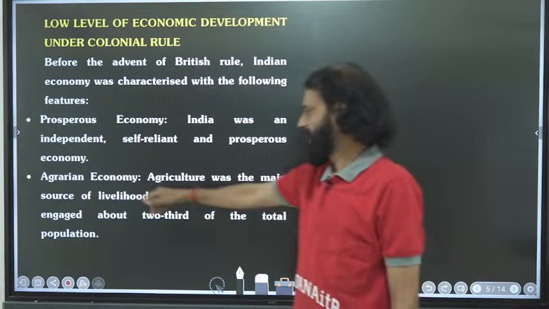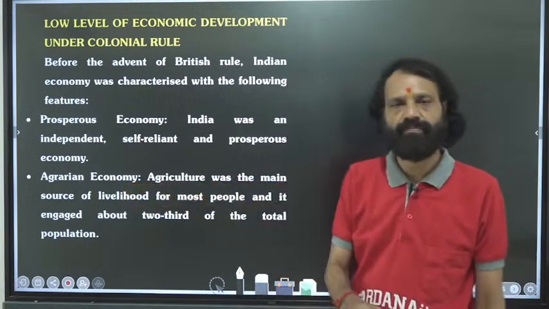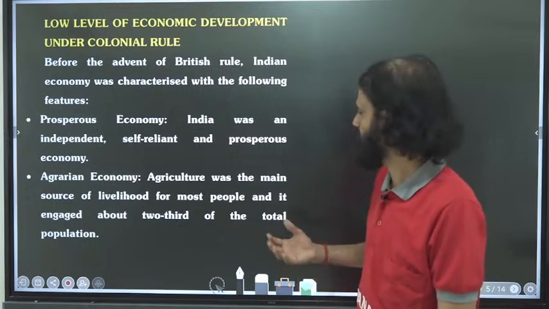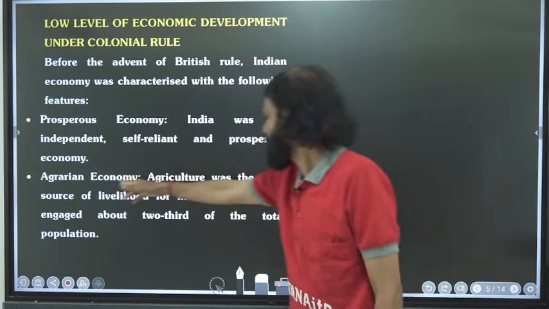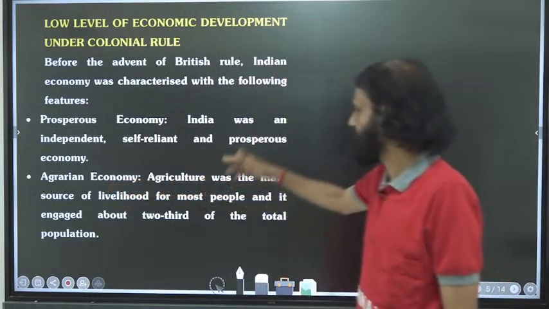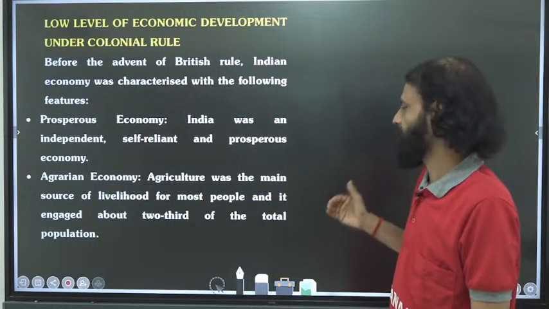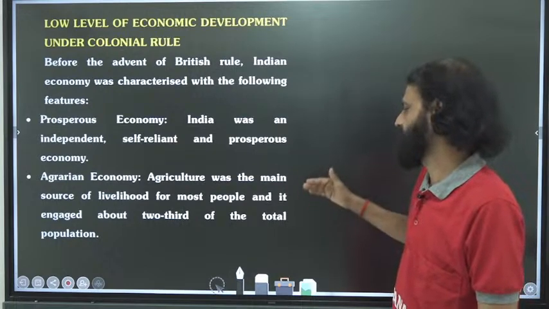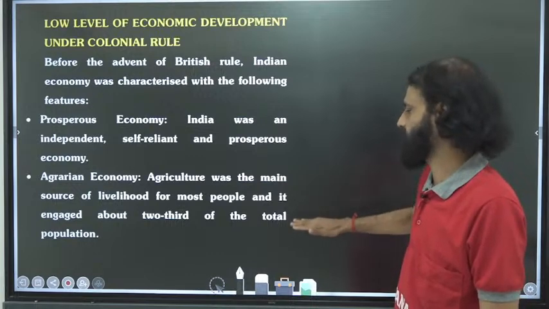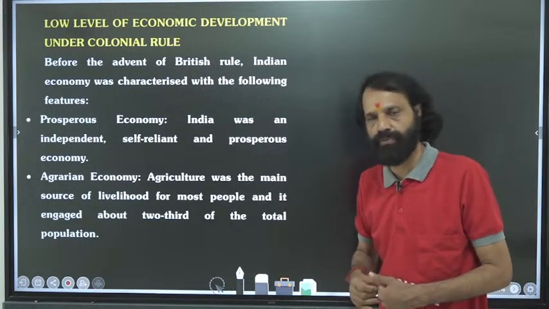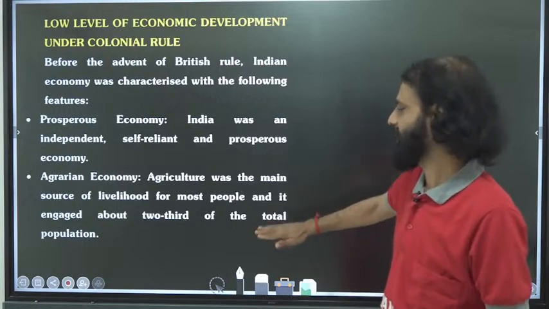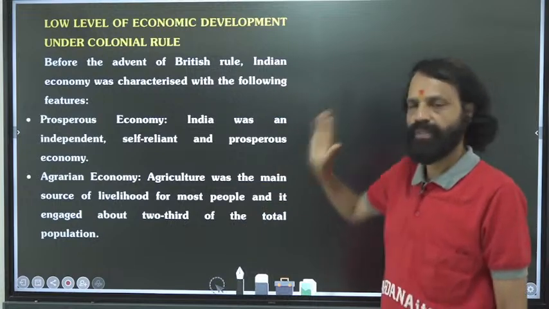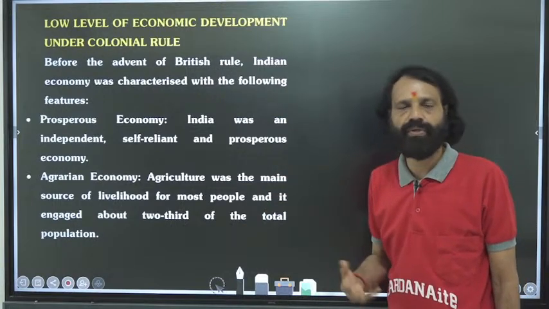Our Indian economy was an agrarian economy, which means agriculture was the main employment, the main base of our people's livelihood. Around 2/3 of its people were engaged in agriculture, so more people were doing work in the field of agriculture.